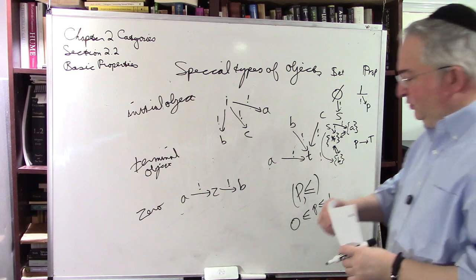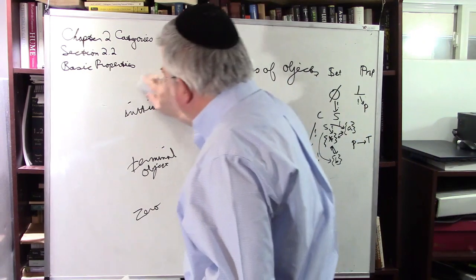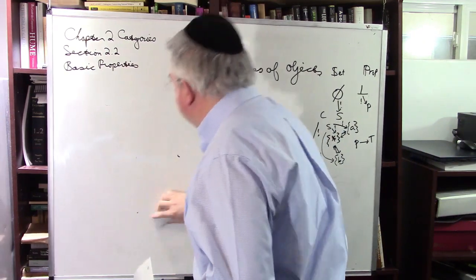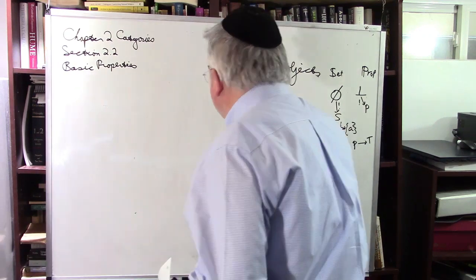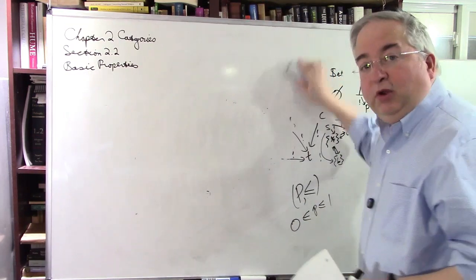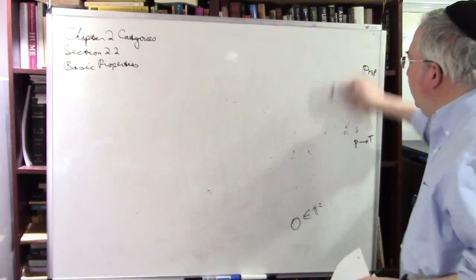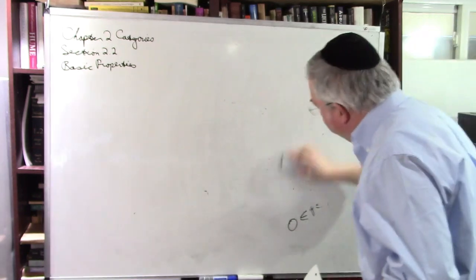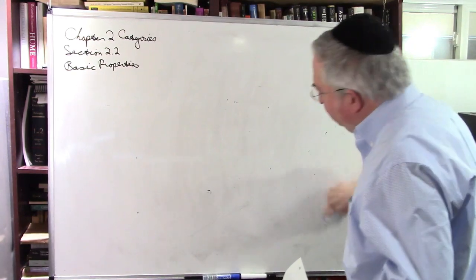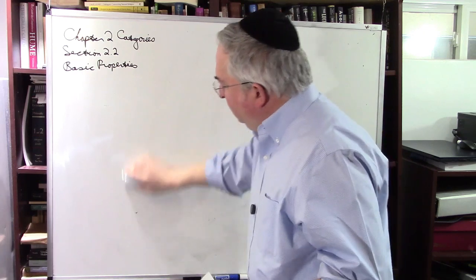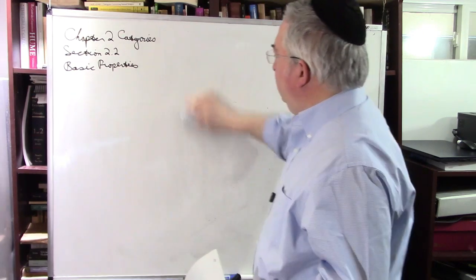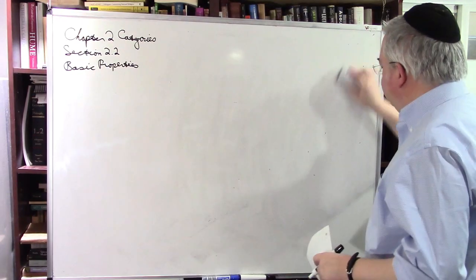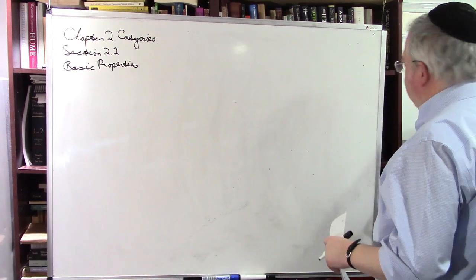So I want to make that a theorem, and I want to go through this extremely slowly and carefully. The reason I want to go through it so carefully is that we're going to see many, many theorems of this type when we talk about special properties of objects and categories.